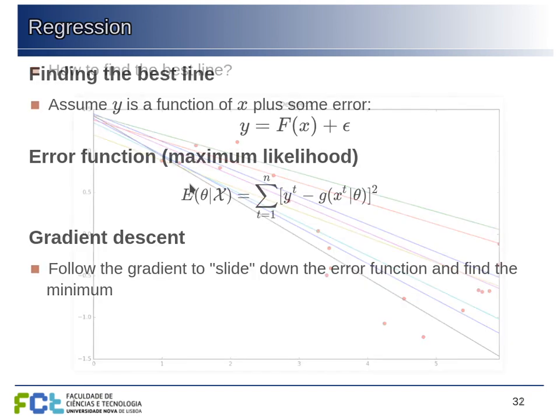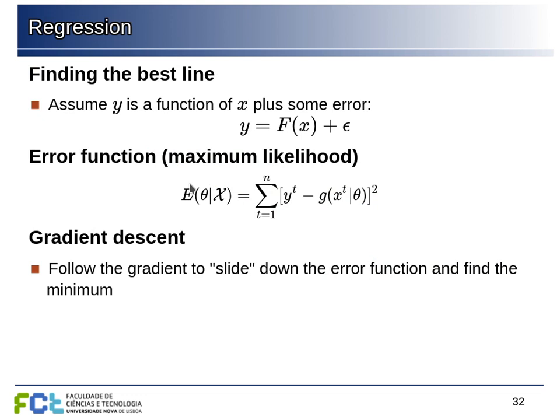We need some performance measure, and we saw that if we assume that the error is only affecting the y value, so y is some function that exists in a universe of x plus some random noise, then the expression that maximizes the likelihood of our parameters corresponds to minimizing this quadratic error, which is the sum of the squares of the difference between the target values and the values predicted by the hypothesis that we are choosing.